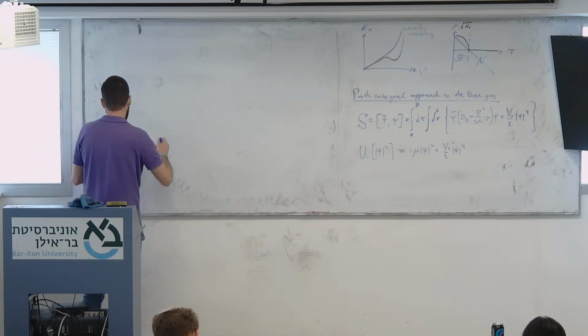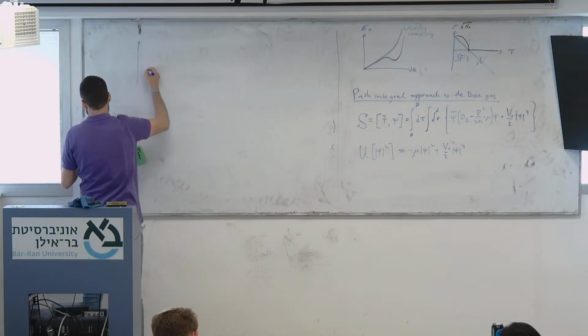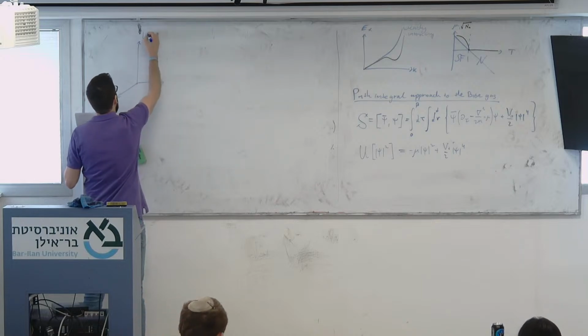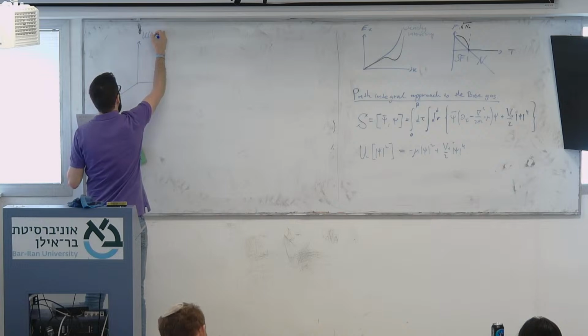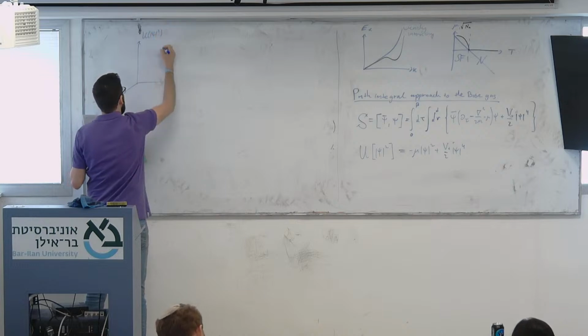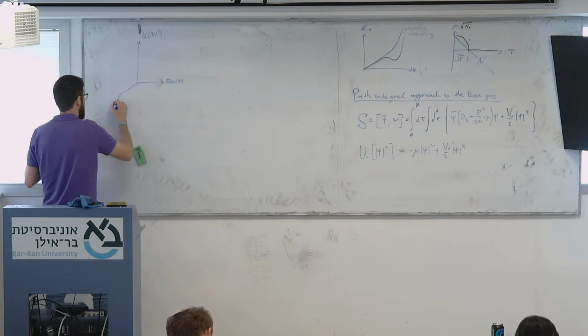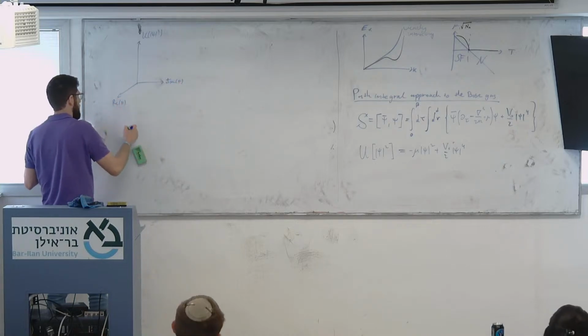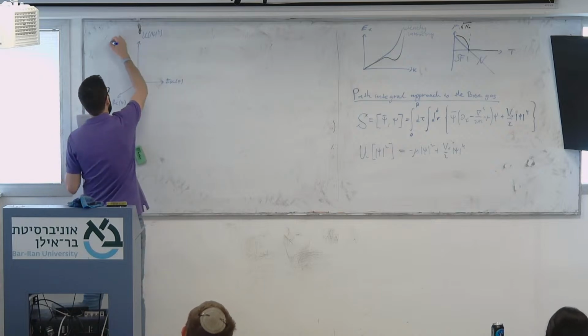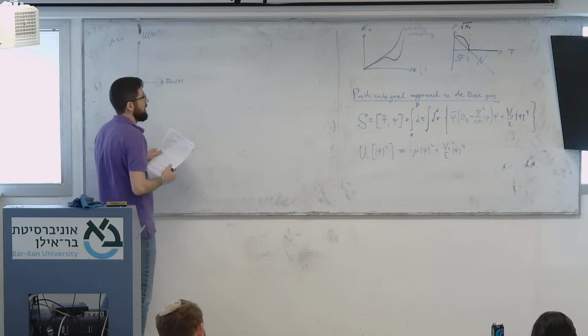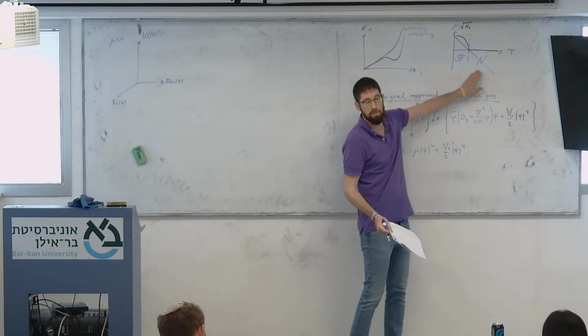If I plot this U of psi squared as a function of the imaginary and real parts of psi, then in the case where mu is smaller than 0, this is the normal phase.